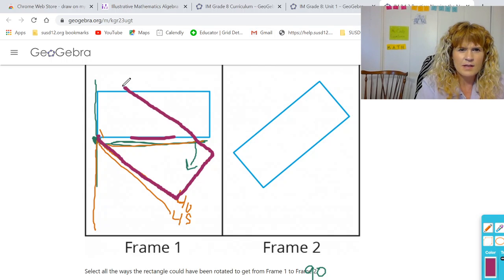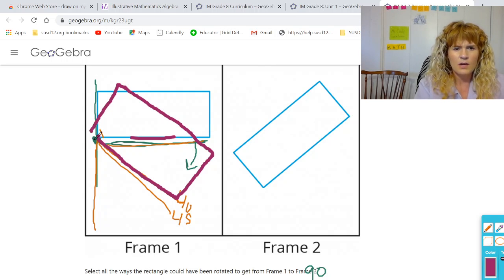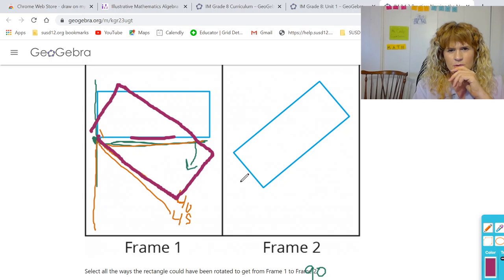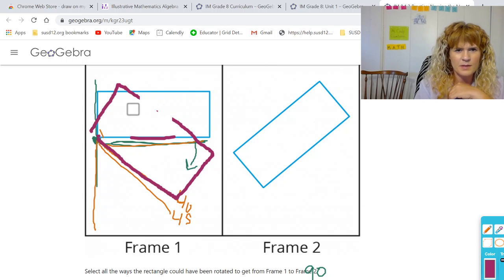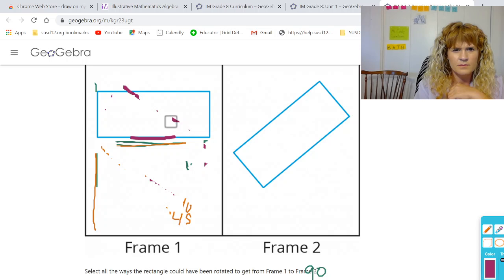So that is a 40 degree clockwise rotation. Do they look the same? I don't think so. No. So 40 degrees clockwise? No, I don't think so. All right. What about 40 degrees counterclockwise? Well, hold on. Let me erase all of this. Just a second. I'll start again.